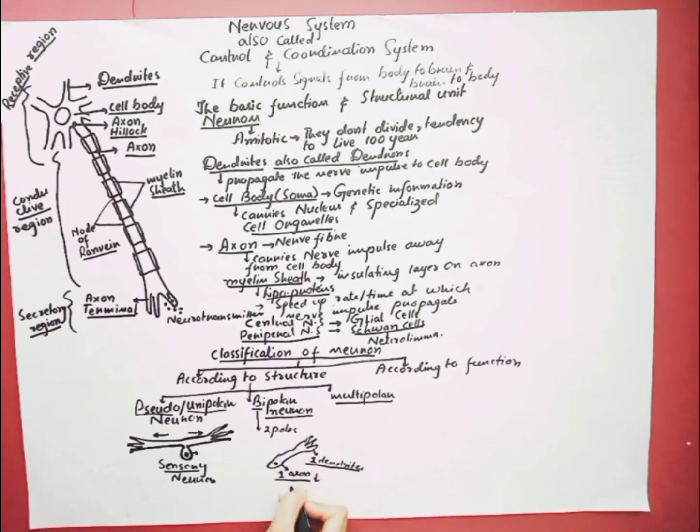They are present in olfactory epithelium and retina of eye. Multipolar neuron, it has many poles. Multi means many axons and many dendrites. 99% of neuron in our body are multipolar neurons.